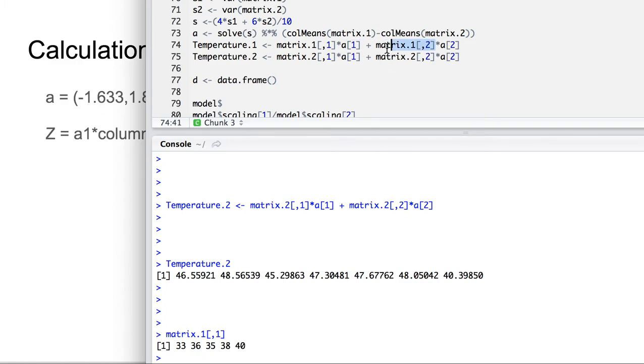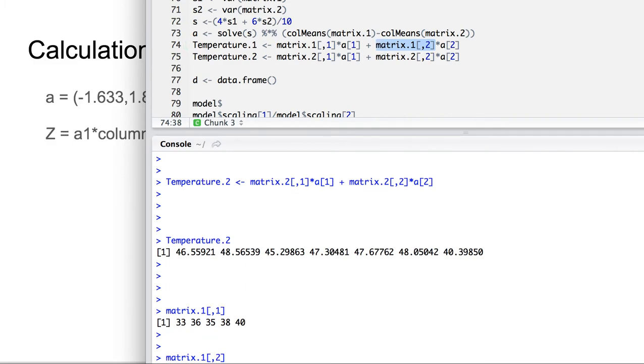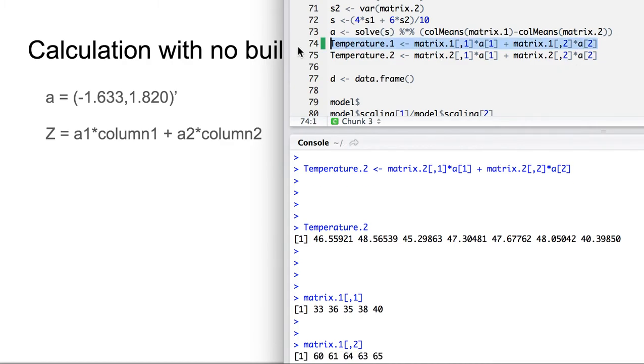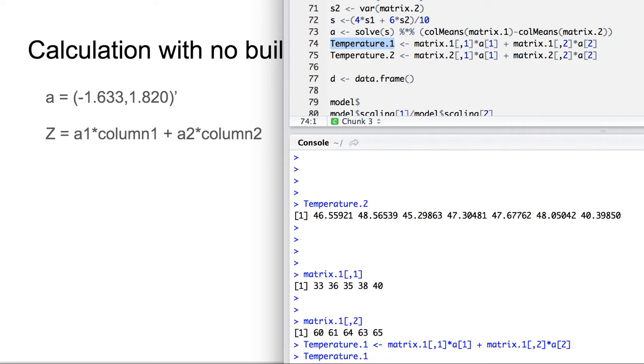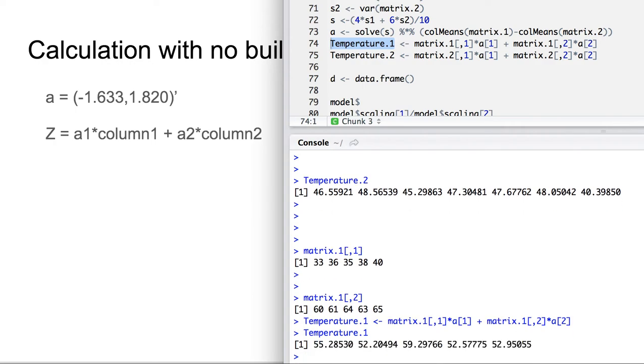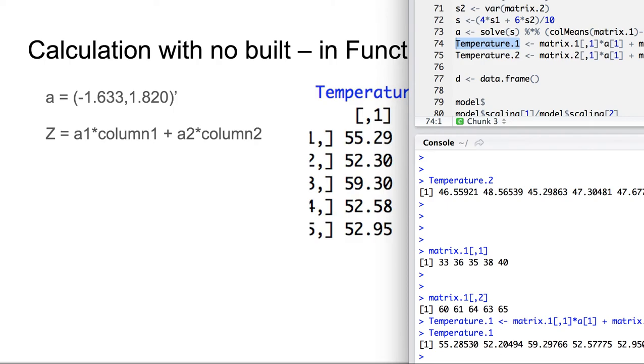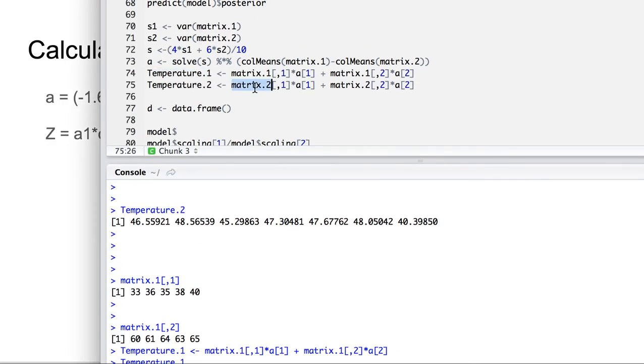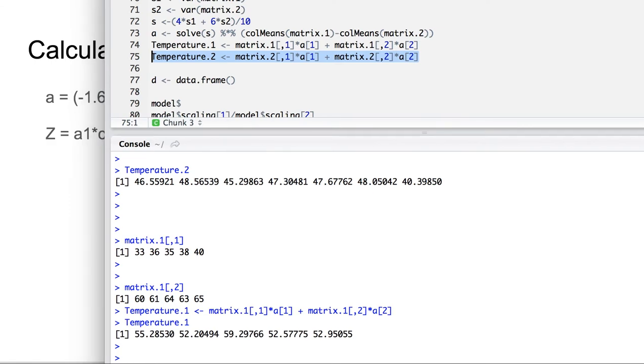And over here it helps me get column 2 from the first matrix, and then times A2, that is 1.82. After I run it and look at the temperature, I end up with the z-score for matrix 1. Then I do totally the same thing for the second matrix by changing matrix.1 to matrix.2. And the remaining is the same.